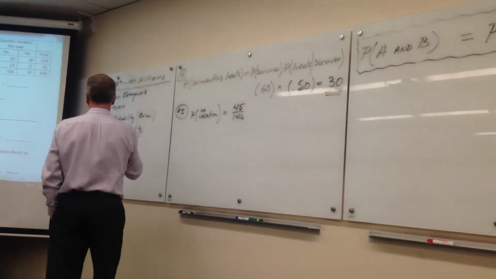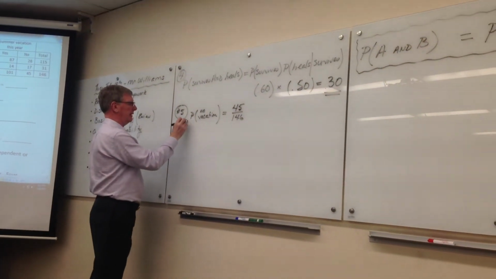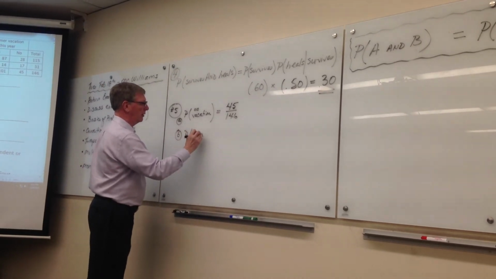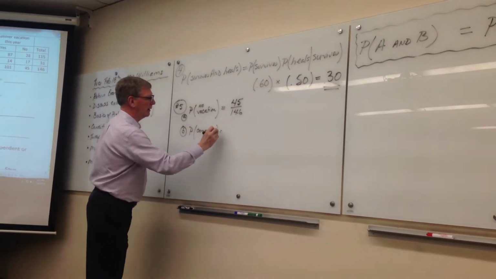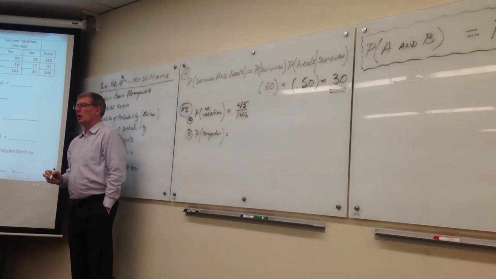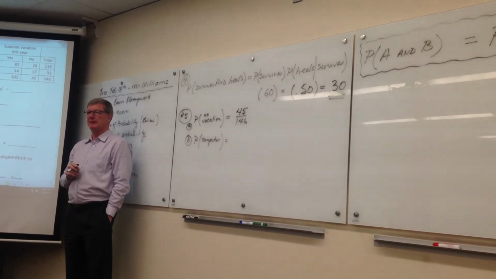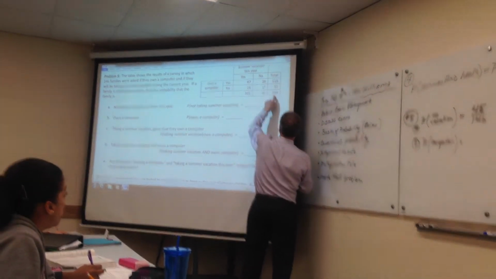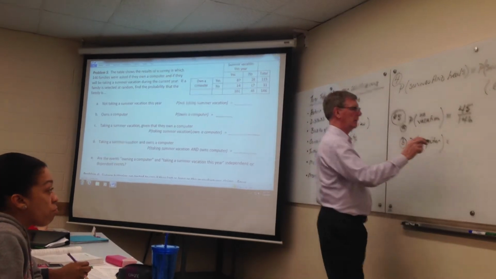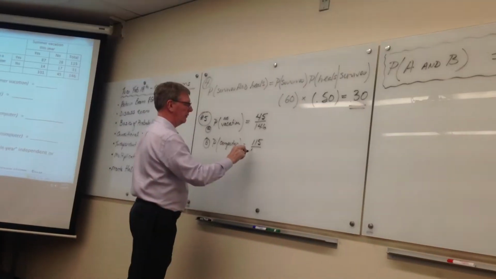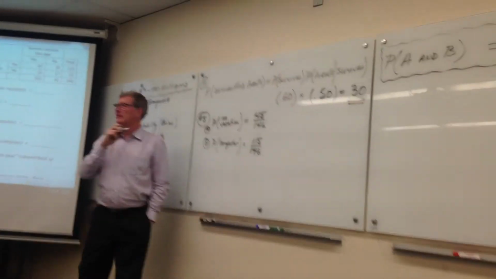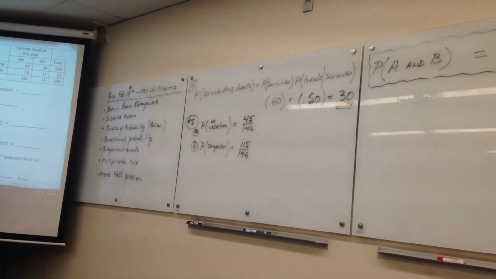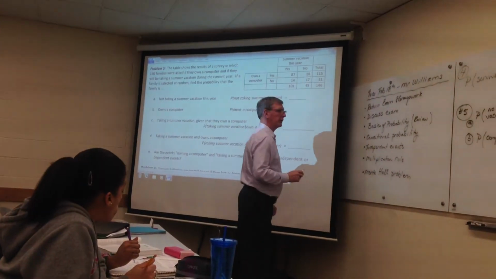What's the probability of selecting a family at random and they own a computer? Probability of computer. Own a computer, 115 out of 146, right? What's the probability on C of taking a vacation given that they own a computer?